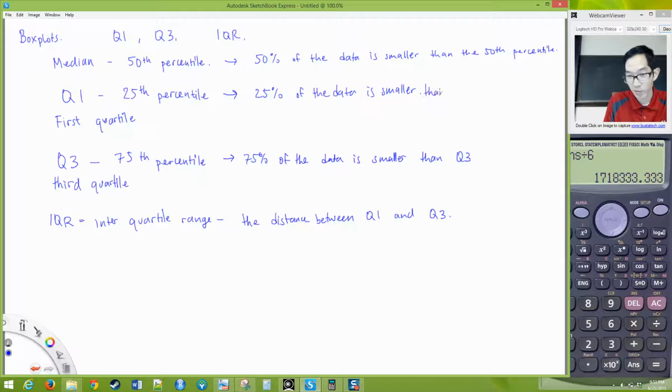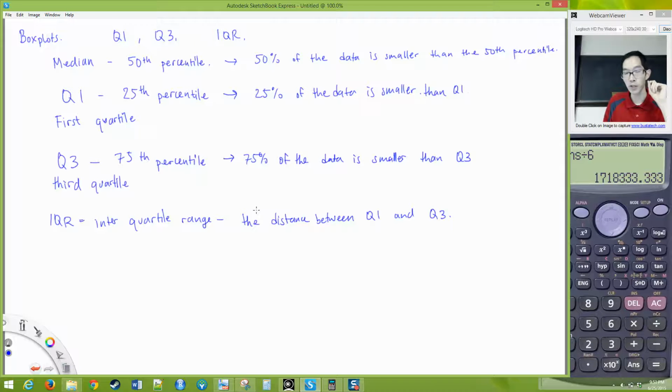And over here, so these are locations, right? We're just marking off locations in our data. We're saying this is the 50th percentile, 50% of my data is smaller than it. This is Q1, 25% of the data is smaller than this value. Over here is Q3, 75% of my data is smaller than this thing, okay?